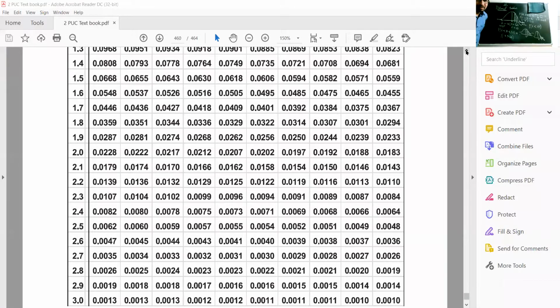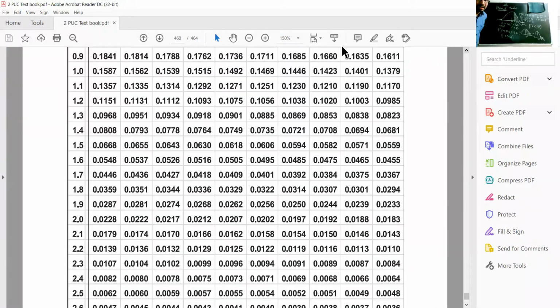Now if you look into the table value at 1, you have 0.1587, and the table value at 2 is 0.0228. Obtain the difference of those two numbers, and that is our area between 1 and 2.